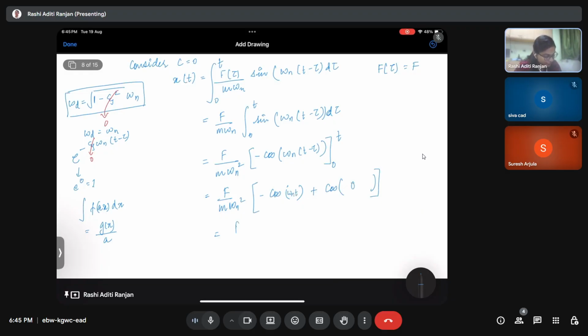So we have f by m omega n square times (1 minus cos of omega n t). Further, we also have omega n square as k by m. So if I put the value of omega n square in the denominator, m will get cancelled, and the final equation becomes f by k times (1 minus cos of omega n t).